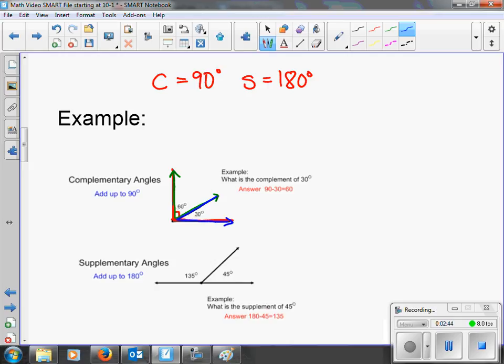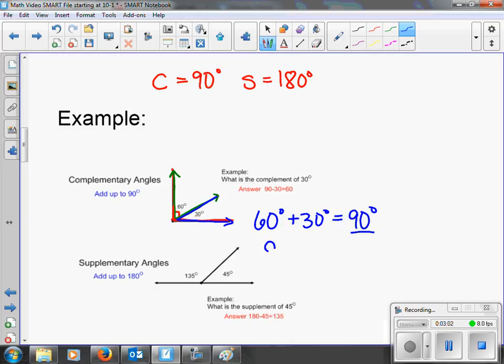So 60 degrees plus 30 degrees equals 90 degrees. These two angles are complementary because 30 plus 60 is 90, and that's a 90 degree angle. They add up to 90 degrees.